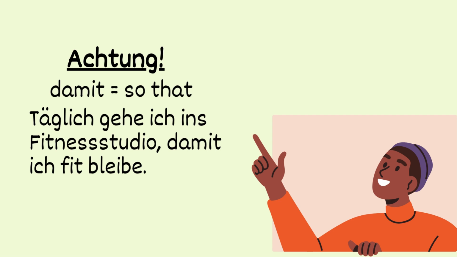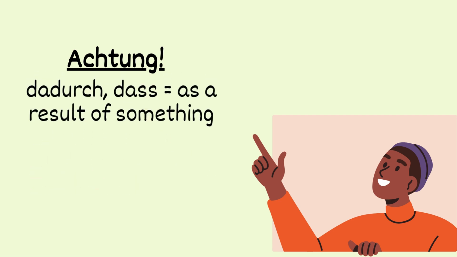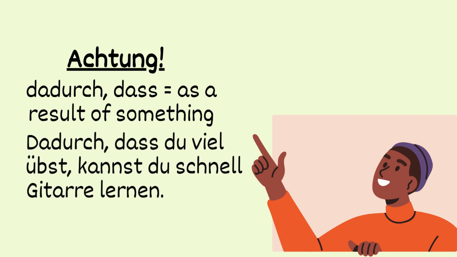And if you want to go a bit more advanced, dadurch dass means as a result of something. Dadurch, dass du viel übst, kannst du schnell Gitarre lernen. You can learn to play the guitar quickly by practicing more. You don't really have to worry about this now. Just focus on the first few uses of these words.